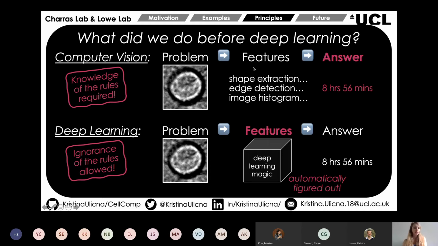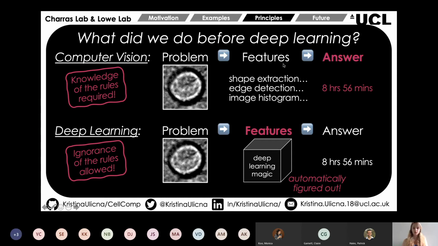For example, I would have to extract the shape of the cell. You can see here that the cell is fairly round, and I need to use some sort of mathematical algorithm, usually very complicated and quite laborious to design, to perform edge detection, or image histogramming, or some sort of witchcraft with computer science to extract that information.